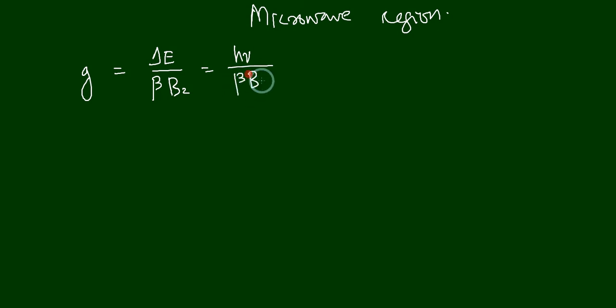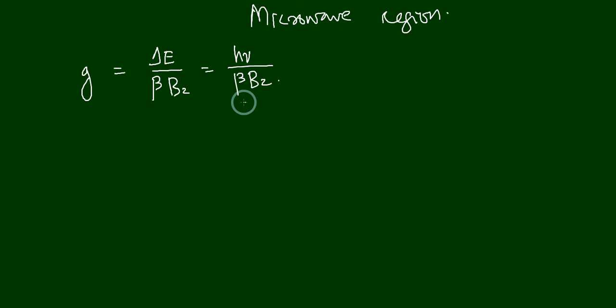So we can get g like this, and this g is actually a constant for a particular electron. For a free electron, you already know the g is 2.0023, and depending upon the environment, this g will change.